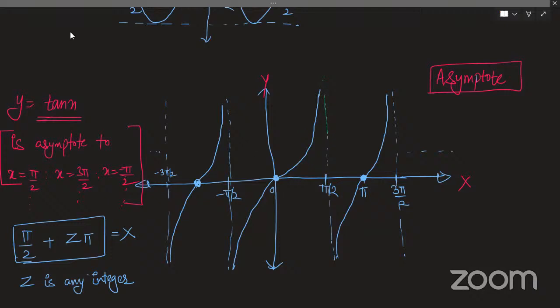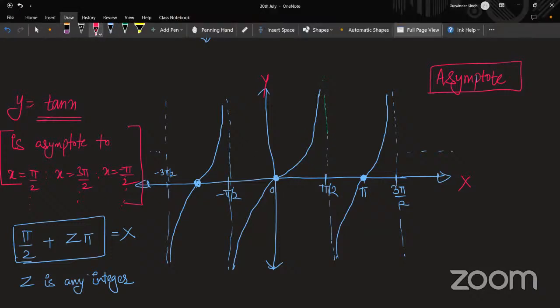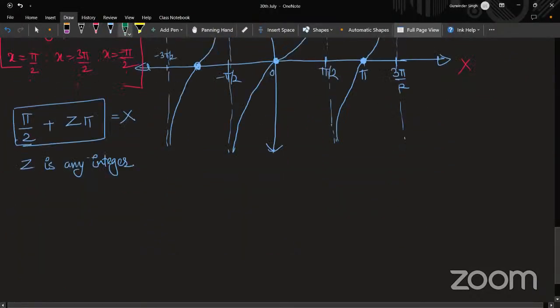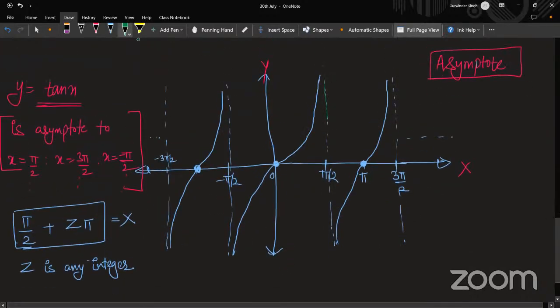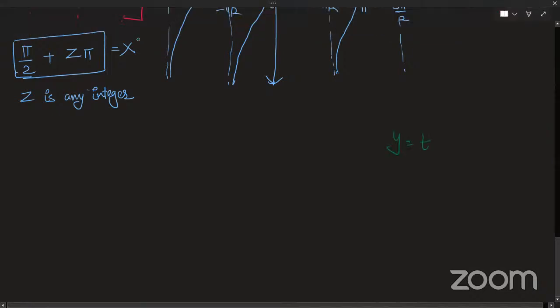Okay, no worries. See, I'm just telling you. I have plotted this curve, y is equal to tan x, and tan x is basically sin x by cos x. If you remember, earlier we had discussed the domain of this function.